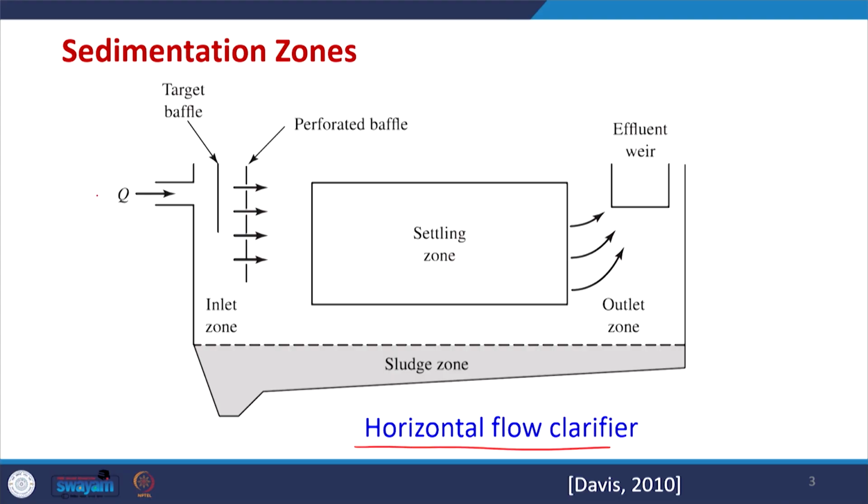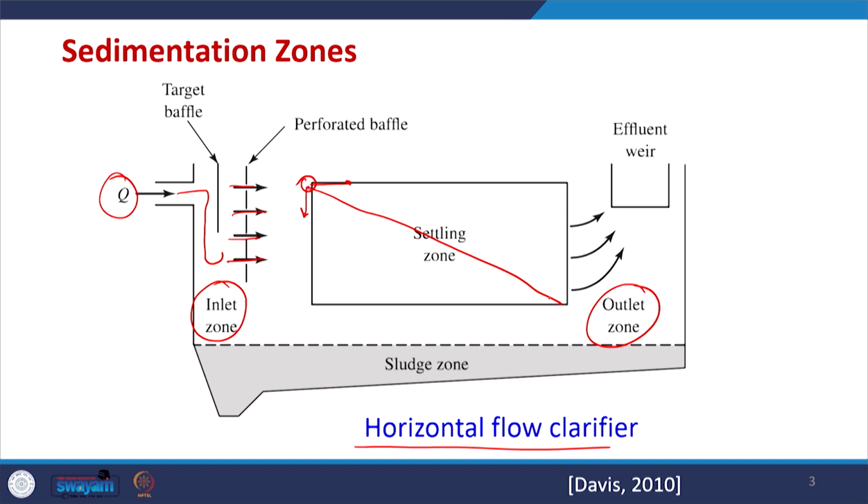So, we have the inlet, which is the inlet zone. Here a target baffle is there, so that the flow coming in goes to the bottom, and then we have perforated baffles through which the flow passes. Now the flow has become uniform. Then we have a settling zone. Suppose a particle enters this settling zone. It is moving in this direction and also settling down. It should settle down before it reaches the outlet zone.